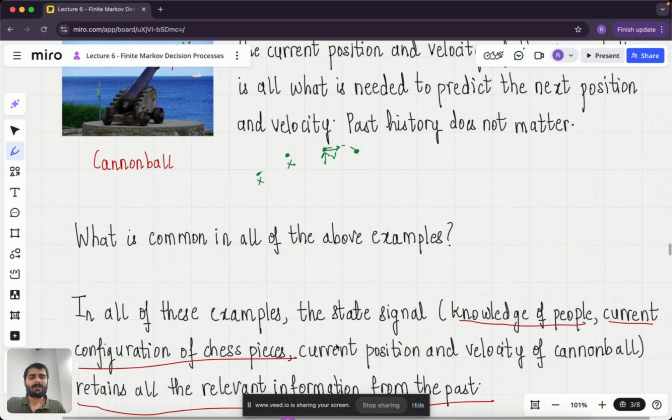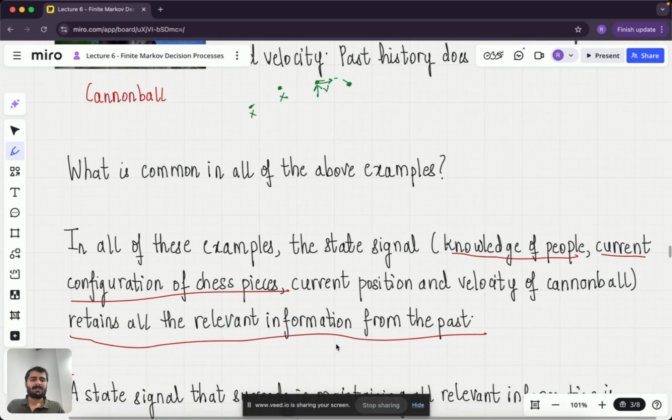What is common in all the above examples? In all of these examples, the state signal, which is the knowledge of the person you are talking with, the current configuration of the chess pieces, the current position and velocity of the cannonball, retains all the relevant information from the past. You do not need to go back in the past and access all the data from the past.